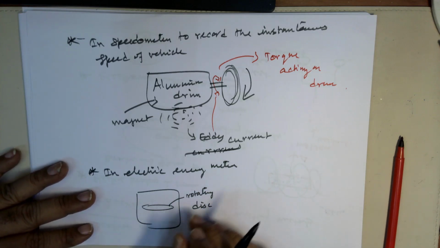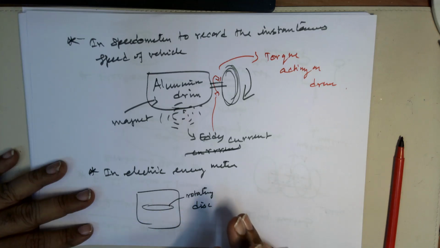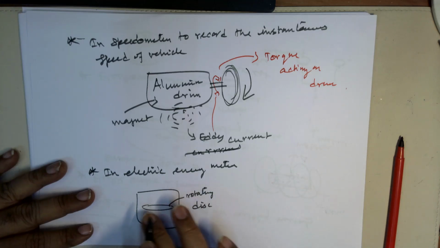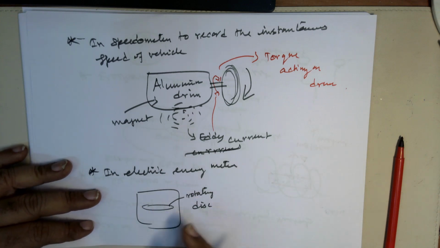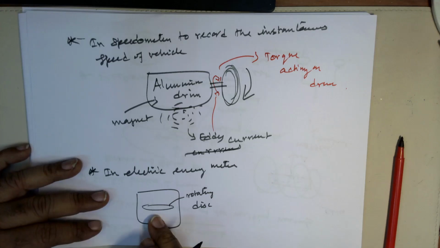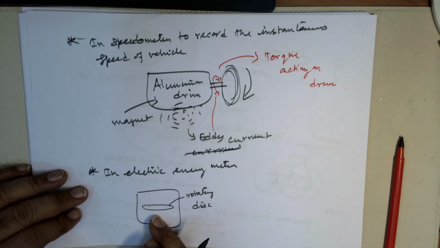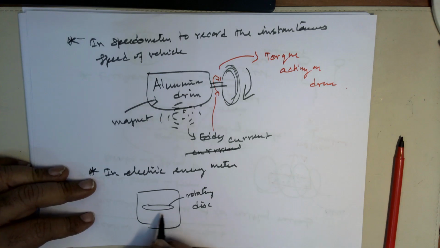The metal disc in the electric energy meter rotates. Have you ever seen this kind of rotating disc in your energy meter, that is, power meter? You should go and see in your electrical box, where you can see the meter and the rotating disc. It will be rotating like this.